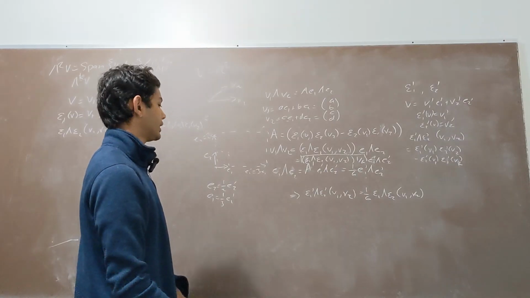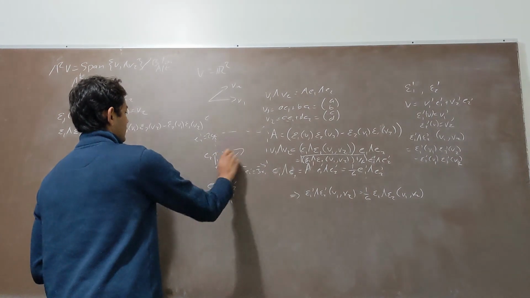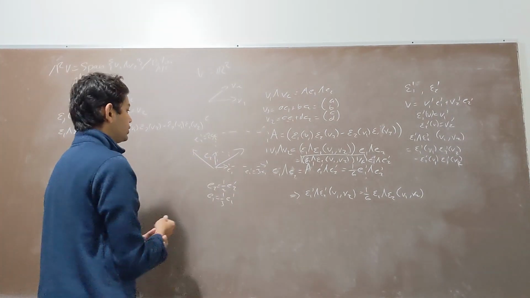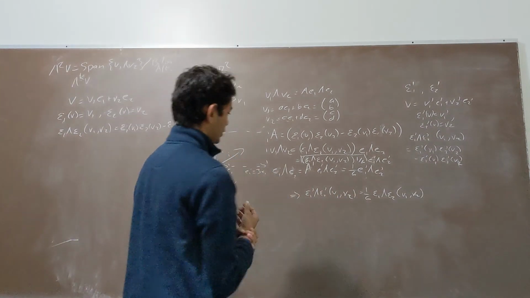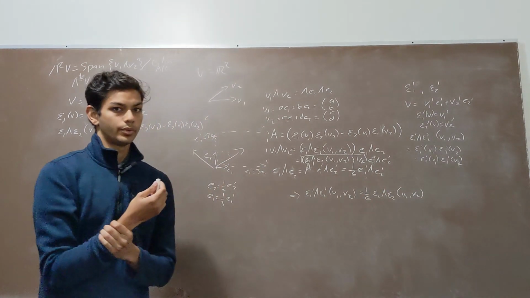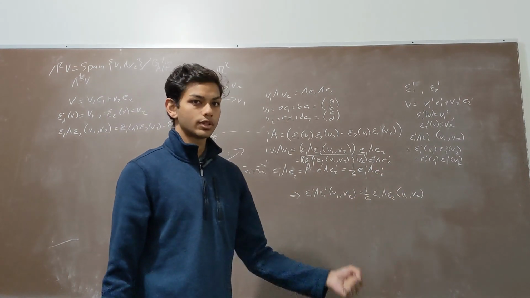We can try this process in general and say, okay, let's choose some other arbitrary basis and then compute what the area of E1 and E2 is in this new basis. And then we get an appropriate scale factor to relate epsilon 1 prime, epsilon 2 prime in terms of epsilon 1 wedge epsilon 2.